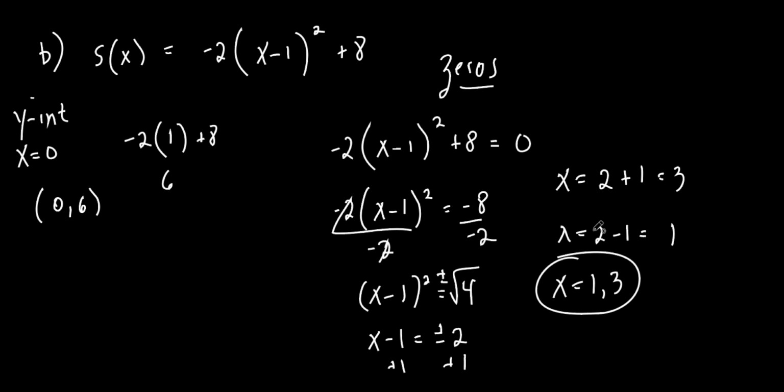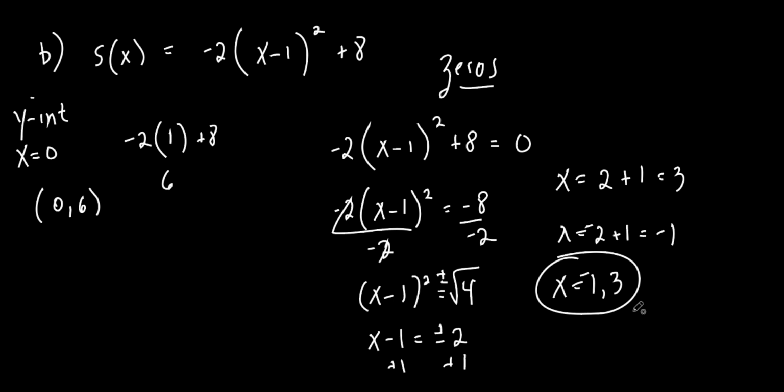It's -2. What did I do? Plus 1. Why did I put -1? Right, it's -2 plus 1, which is -1. There you go, my bad. Check my arithmetic. You got to keep track of me, all right? Sometimes I go too fast and I miss stuff. So those are my zeros: x equals -1 and 3. I think they actually do that in the book, they just put a comma right there. You could say x equals -1, x equals 3, however you want it.